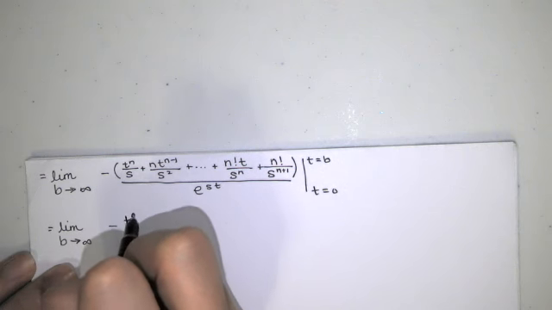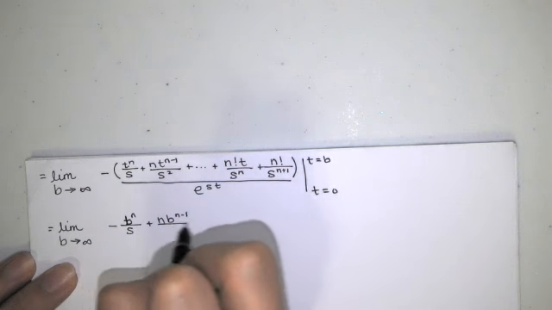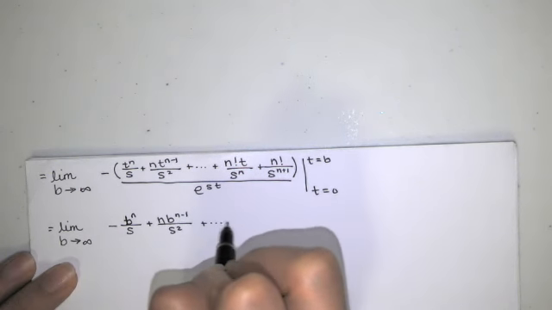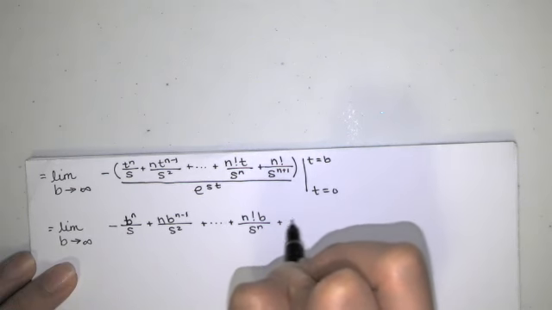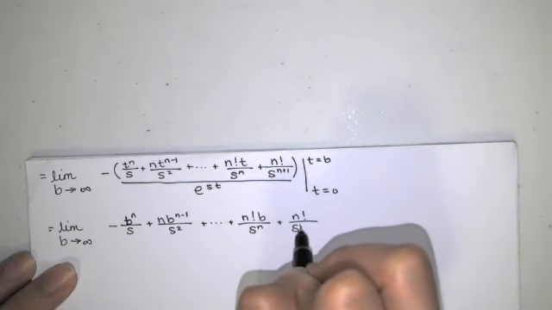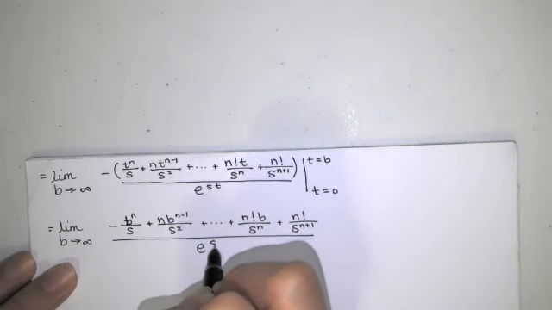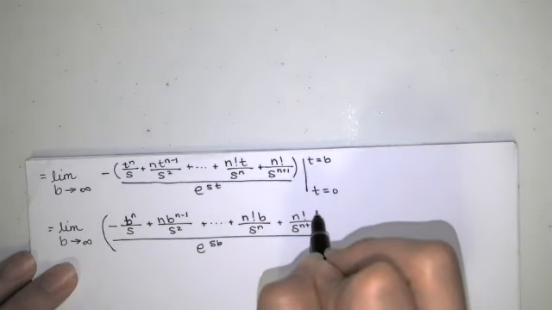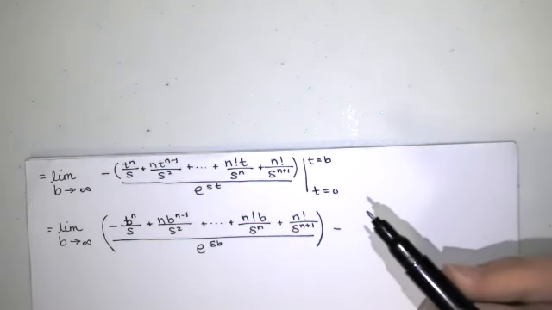Oops, b to the n over s. And then we're going to subtract this expression evaluated at t equals 0.